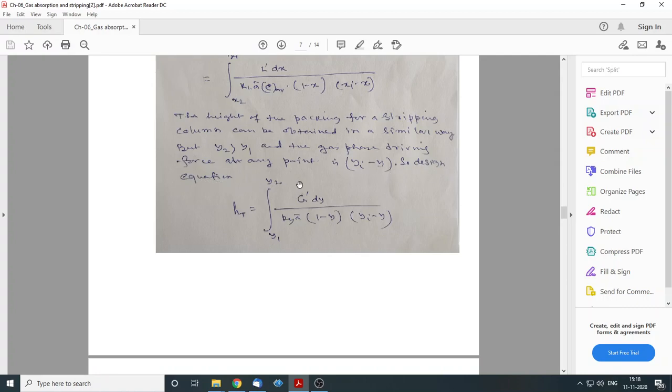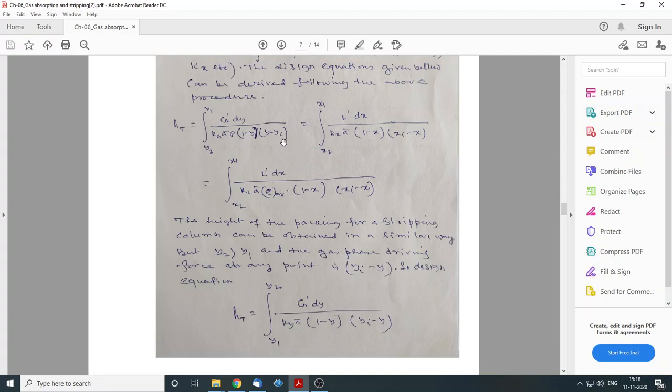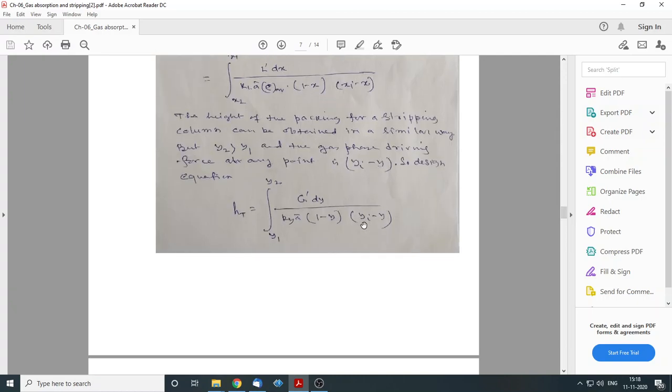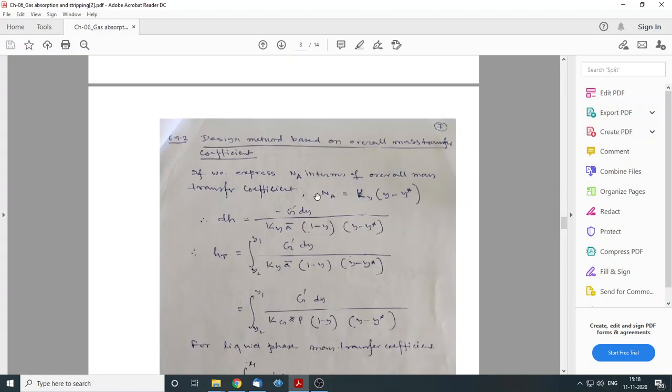So the design equation will be G dash over 1 minus y into yi minus y. In the absorption case it was y minus yi, and in the stripping case it will be yi minus y, and the limits will change. All the calculation is done in a similar way and ends up with this equation.